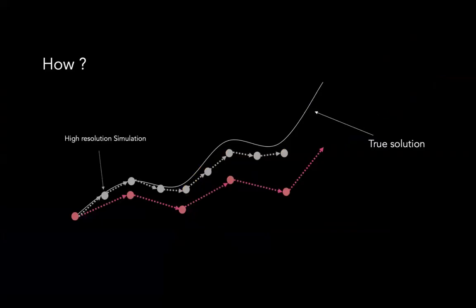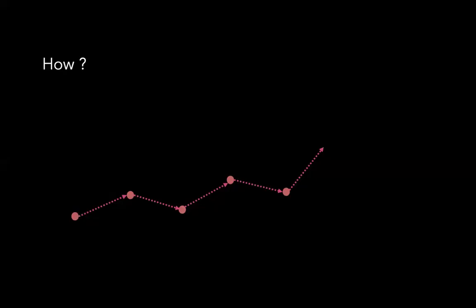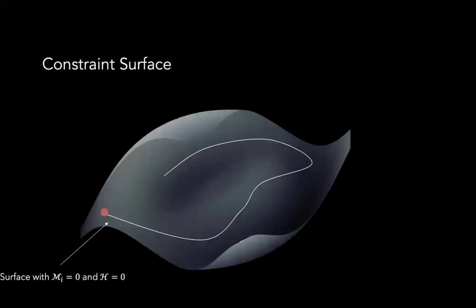First of all, what we now don't have is any ground truth solution. We don't have any high resolution, so effectively we're just working with the low resolution. To emphasize what I'm actually doing, this is the constraint surface where the constraints are fulfilled, and my true solution of course lives on that surface.